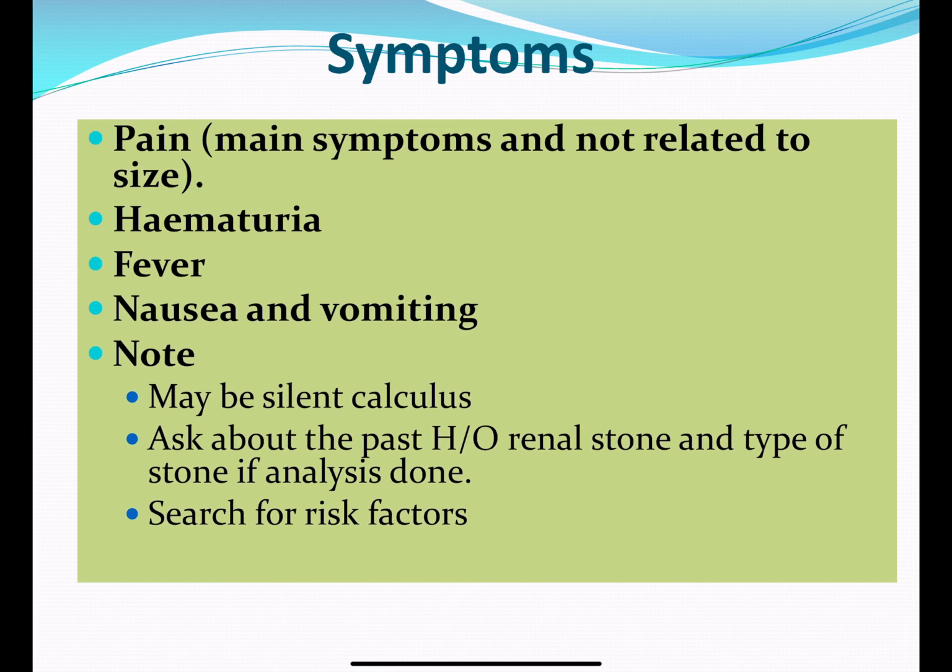Because for any recurrent stone, we have to think not only about the treatment but also about the recurrence, and also search for the risk factors like the BMI, the dietary habit, ask about the family history, positive or not, and ask if there's any known metabolic disorder, and also some chronic disorder like diabetes. These all factors are preventable. We can prevent this, or we can control this disease such that it prevents the recurrence of stone.